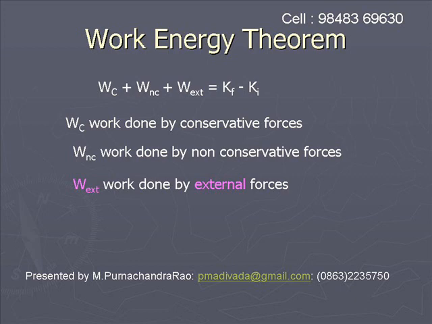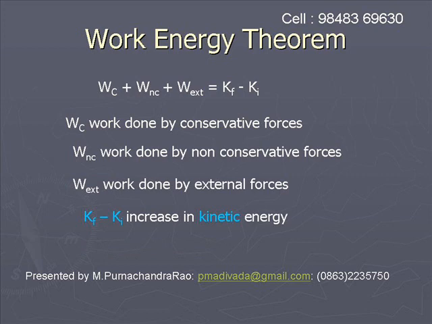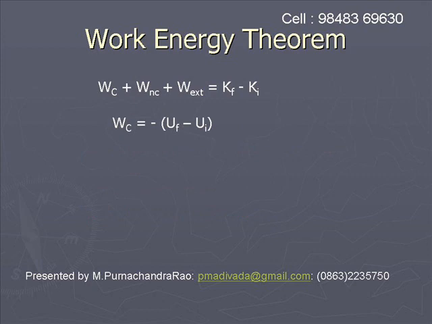Kf indicates total final kinetic energy. Ki indicates total initial kinetic energy. Kf minus Ki indicates the change in kinetic energy. WC, work done by conservative forces, is equal to minus of (UF minus UI).